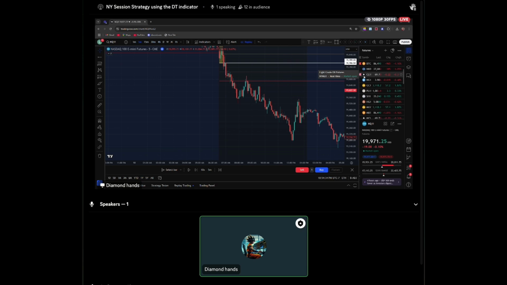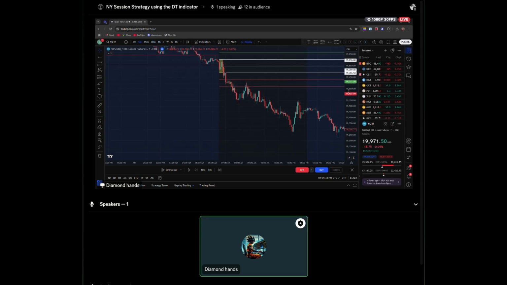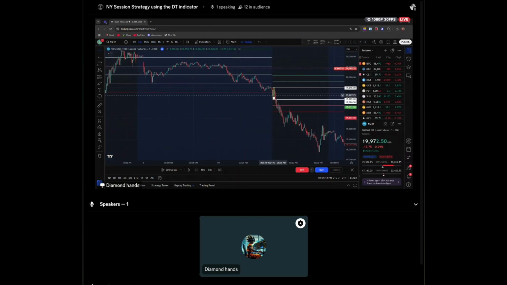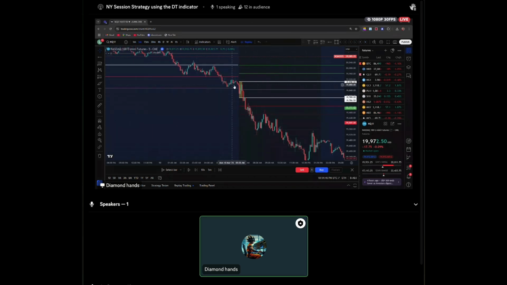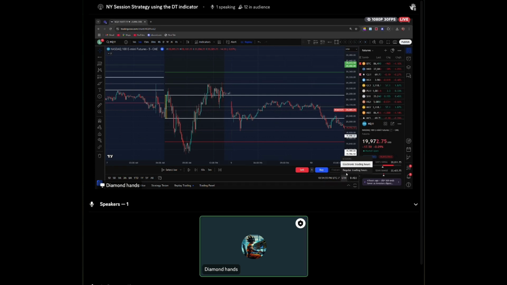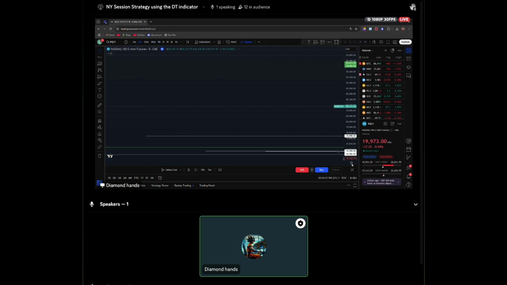It's easier if you do RTH because you don't have to go through extended hours, which takes a little longer. With RTH, it's right there. Once this candle closes, this will be your next opening candle.